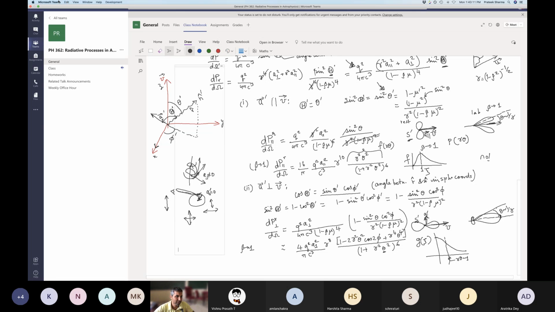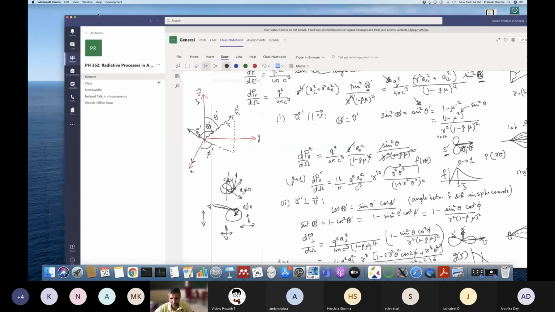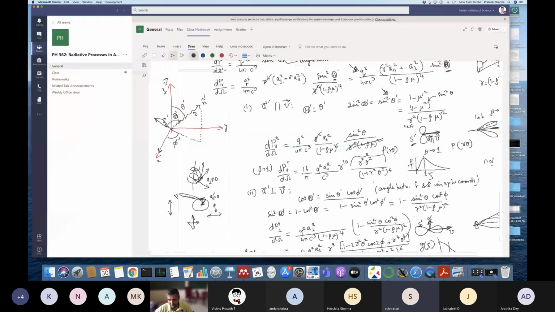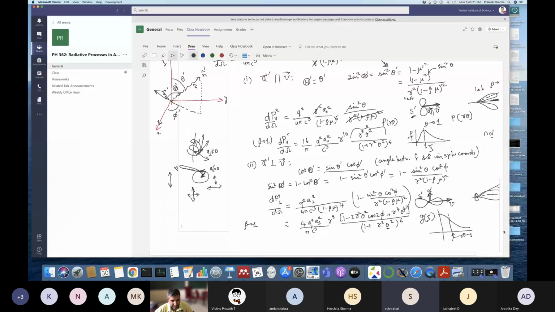Is there any other question? So you are trying to say that a can be perpendicular to v in case of circular motion. Yes. In case of circular motion, it is quite correct. Circular motion can be thought of as two dipoles with a phase difference of 90 degrees.